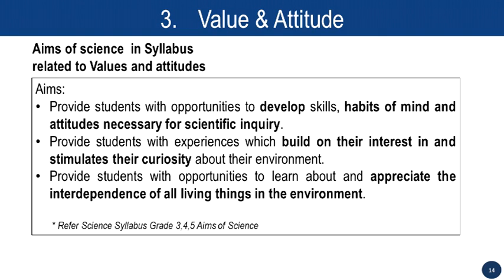Provide students with experiences which build on their interest in and stimulate their curiosity about the environment. And lastly, provide students with opportunity to learn about and appreciate the interdependence of all living things in the environment.